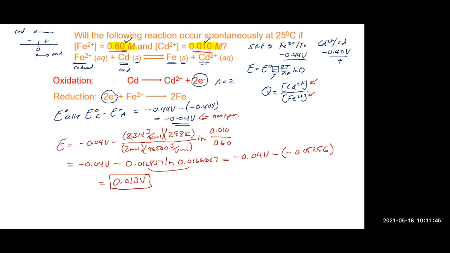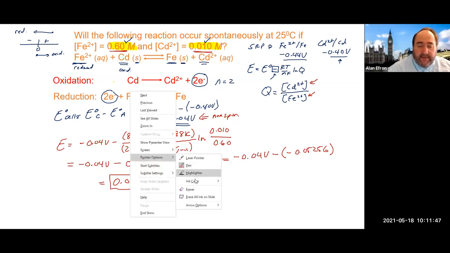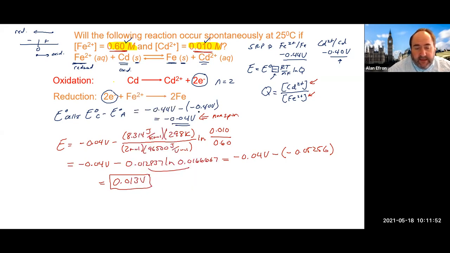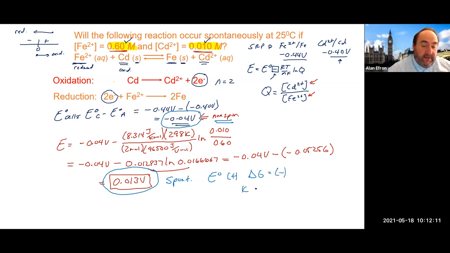So what does this mean? Under these conditions, unlike under standard conditions where this cell was non-spontaneous, this reaction would be spontaneous. Here we got a positive E, which would imply our delta G would also be negative, and also imply that our K value would be above 1, or on the larger side.